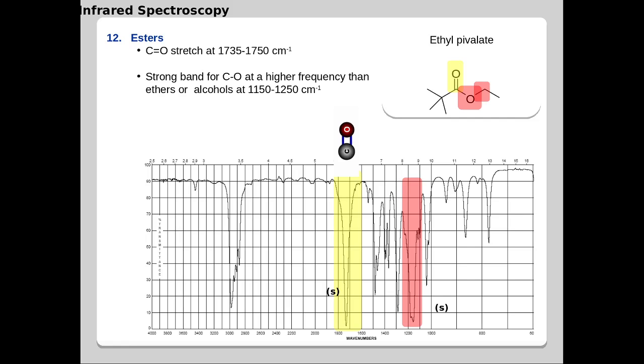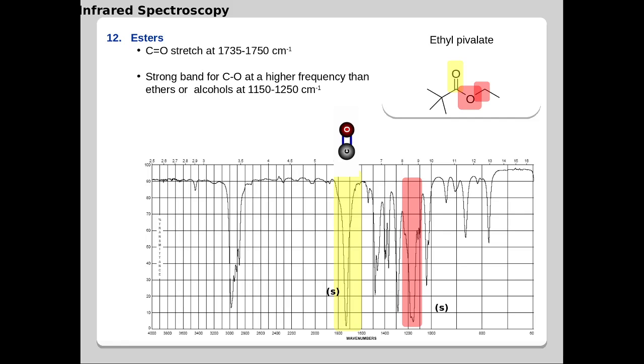And this one is a typical spectrum of a simple ester such as ethyl pivalate, and you can see the carbonyl stretching frequency as a single strong band at around 1735 cm⁻¹.